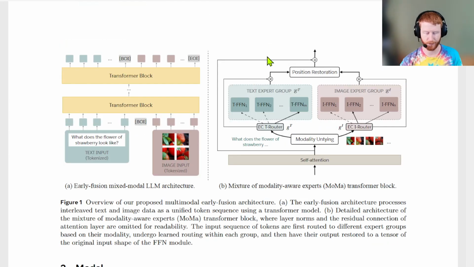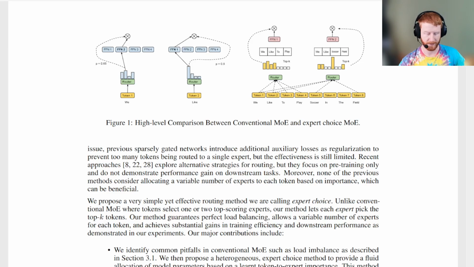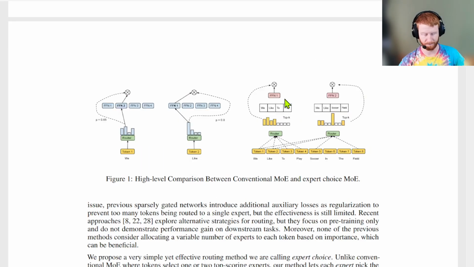In terms of how the routing happens, they have this expert choice routing. If you're familiar with mixture of experts, the vanilla, typical way to do this is that for each token we do this process. We have a token coming in, we feed it through a little router, which is usually just a single layer, and this outputs scores. Whichever output is highest corresponds to one of the experts, right?